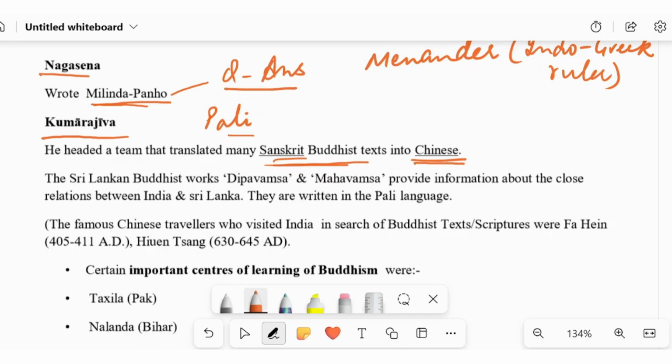Now, the famous Buddhist works related to Sri Lanka are Deepavamsa and Mahavamsa. Now, Sri Lanka was the first country outside India to adopt Buddhism. Sri Lanka, which was earlier called Ceylon. Right. So basically, Deepavamsa and Mahavamsa are Sri Lankan works on Buddhism. They throw light on Buddha as well as on the relations between India and Sri Lanka.